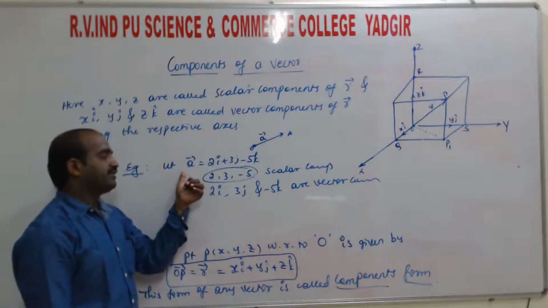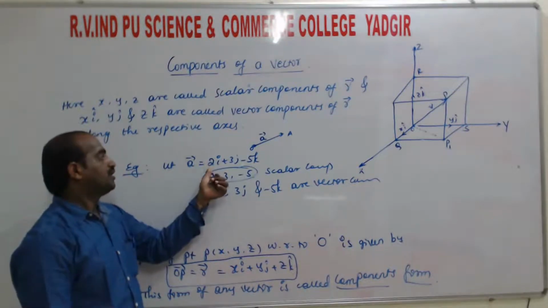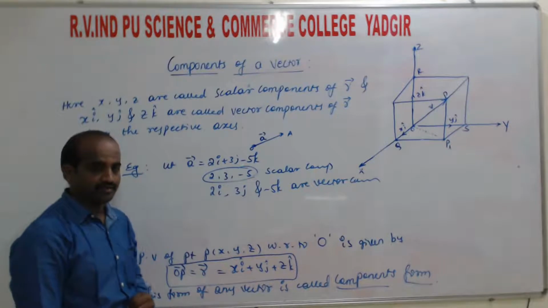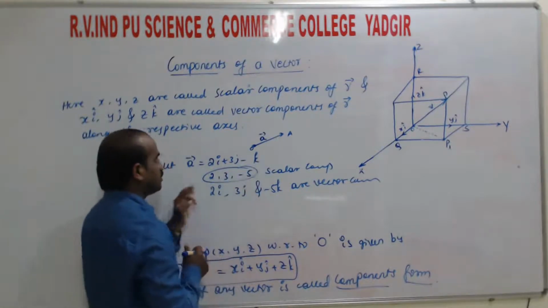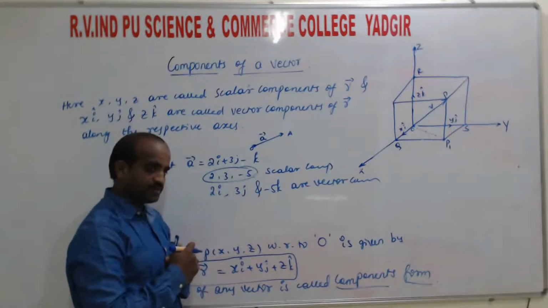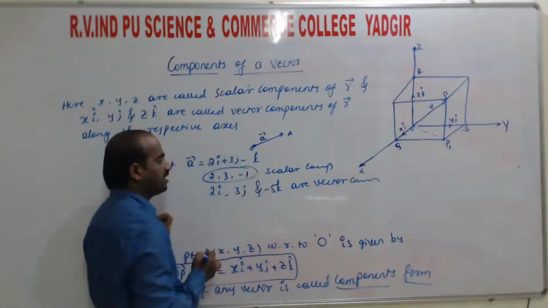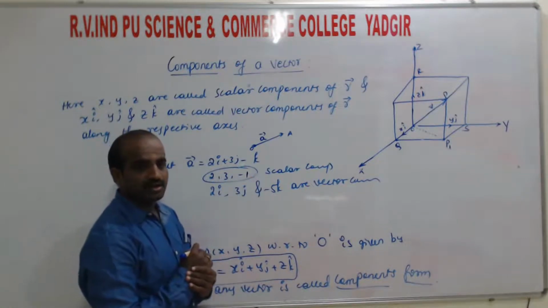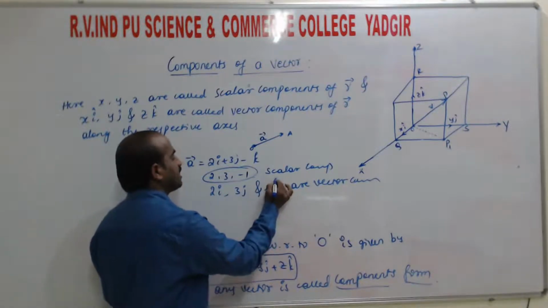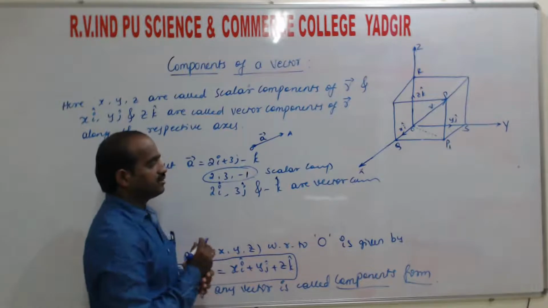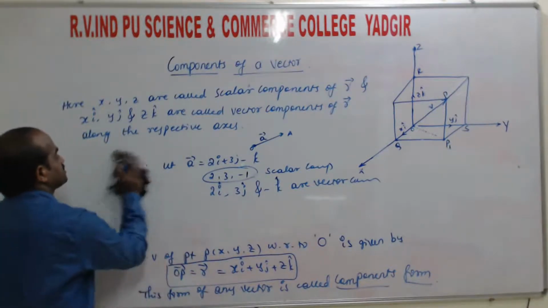Similarly for 2i plus 3j minus k, the scalar components are 2, 3, minus 1, and 2i, 3j and minus k are the vector components. This is the components of a vector.